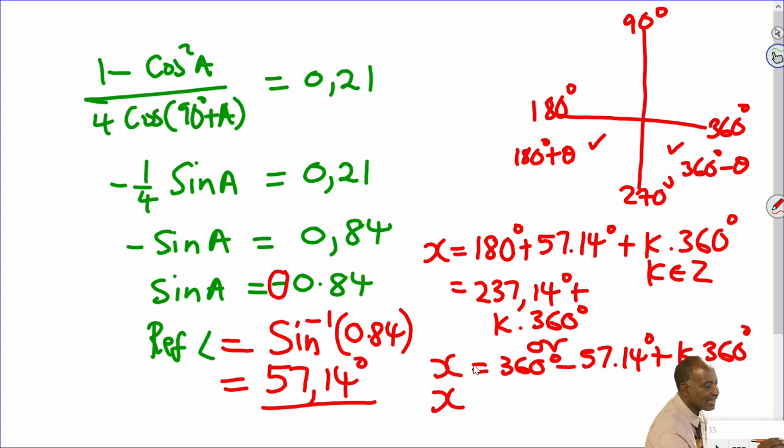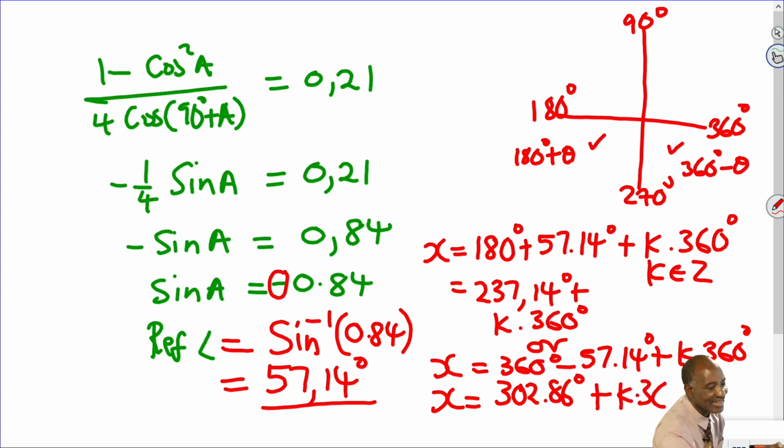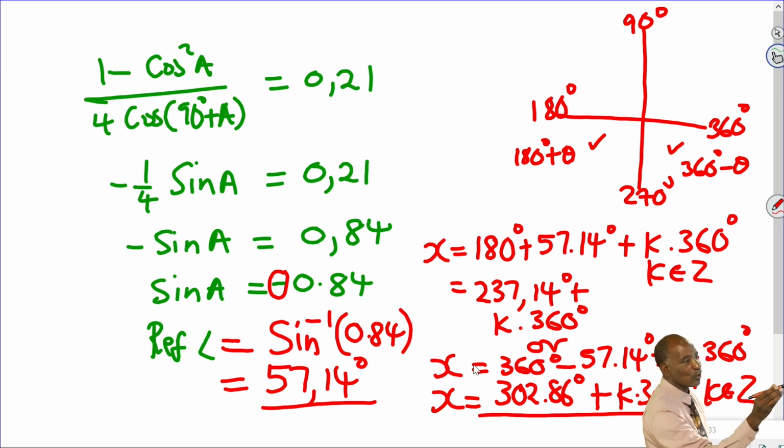Then you simplify and get your final answer, which is 302.86 degrees plus k 360 degrees for k element of integers. This is now your complete solution.